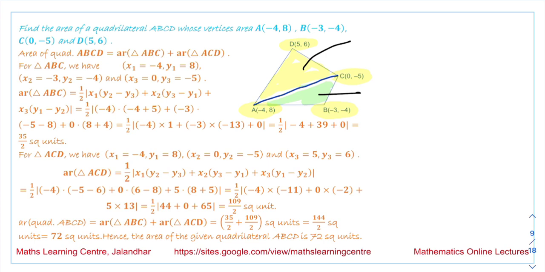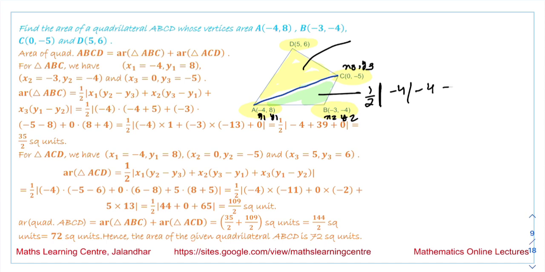First of all, we are calculating the area of the triangle ABC. It is 1 by 2 mod. Suppose we say these are x1, y1, x2, y2, x3, y3. So we will have the formula 1 by 2 into x1, that is minus 4, into y2 minus y3.